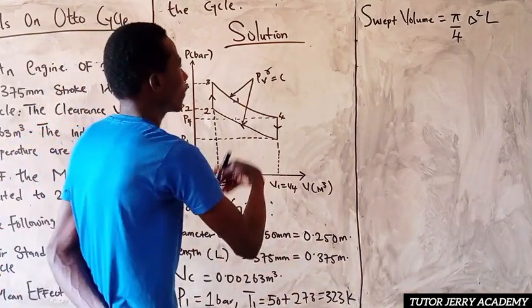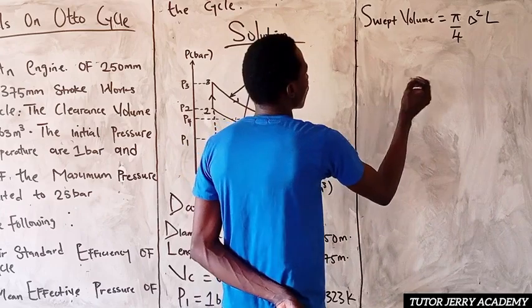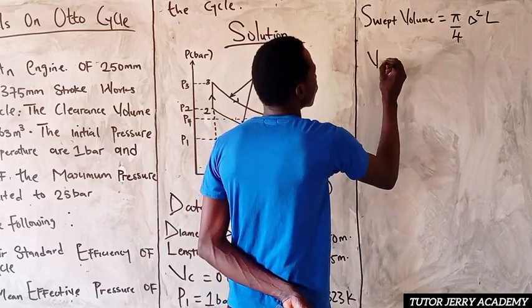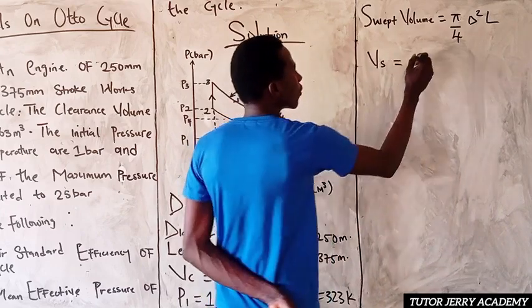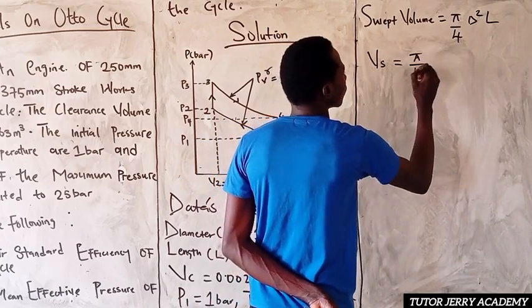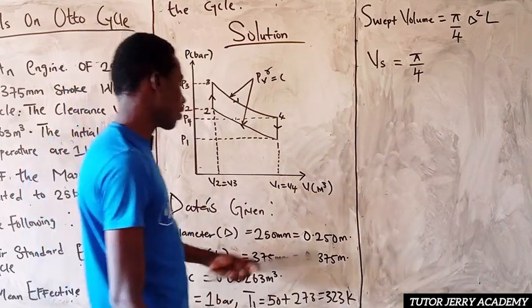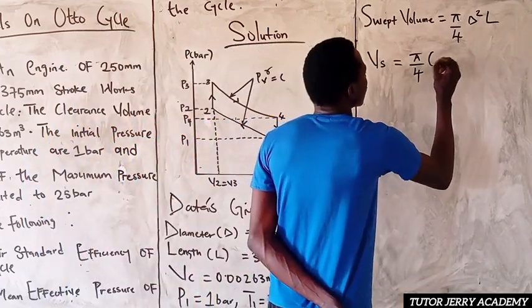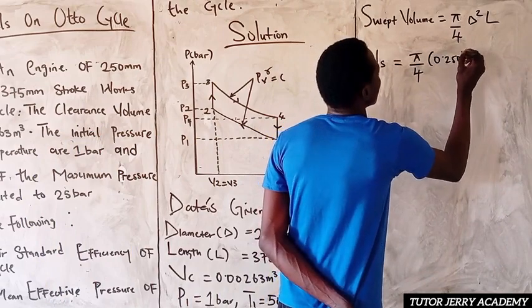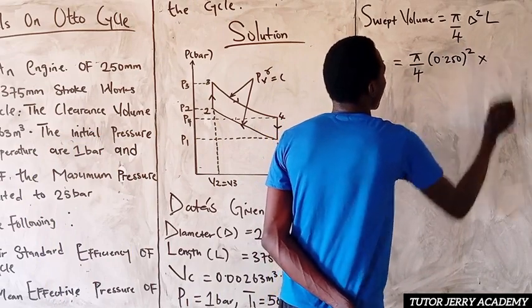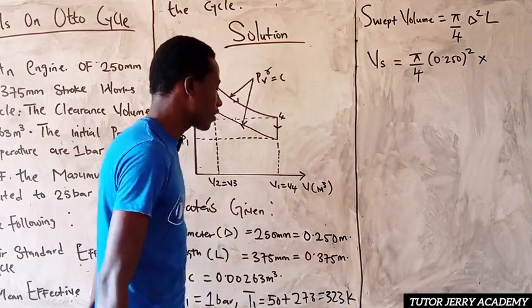So we can substitute our values. Our swept volume, V subscript S, will be pi by 4 multiplied by 0.250 all square multiplied by our length, 0.375.